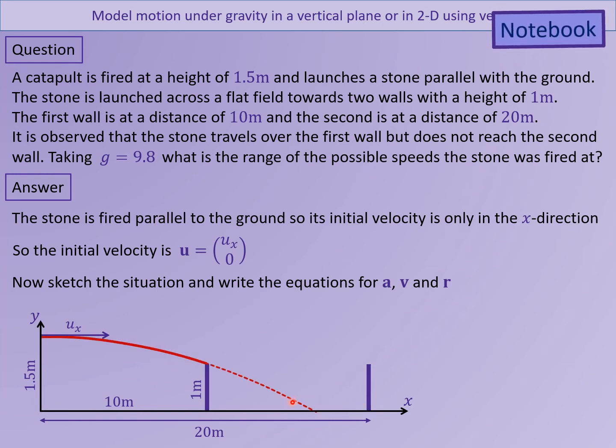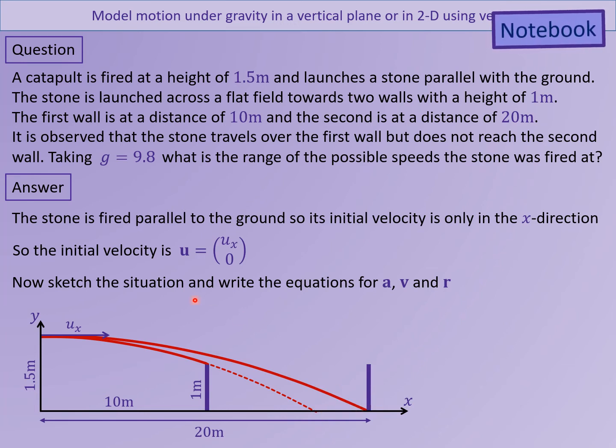So I'm looking at a speed greater than the one that just clips the top, and slightly less than the one that touches the bottom of the wall. Any speed between those would land anywhere between the two.